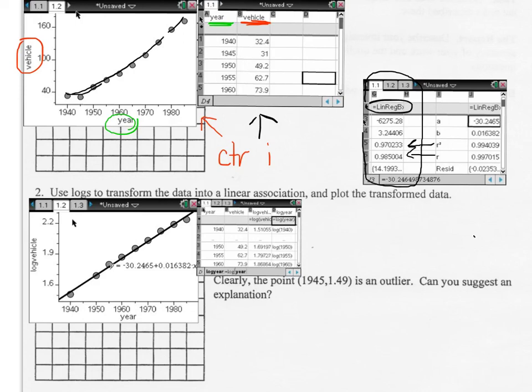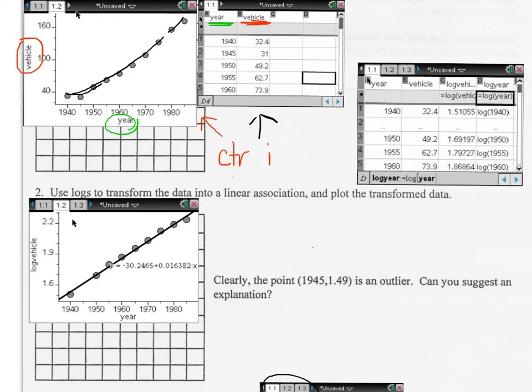The way we do this in the TI Inspire is we go back to our spreadsheet, and in column C, I hope you can see this, I made it kind of small. We put log vehicle in that top cell, and then the gray cell we haven't used yet, that second cell, is actually where the equation goes. I have used the Inspire to plot the log vehicles versus the year.